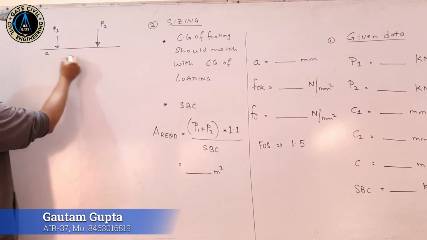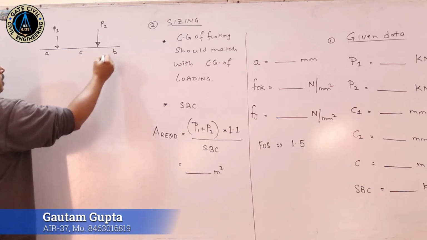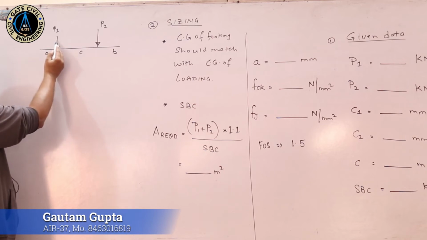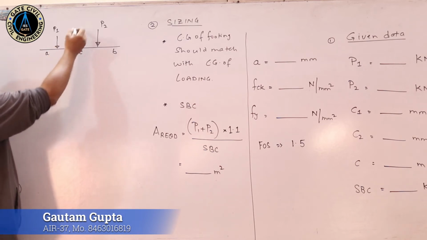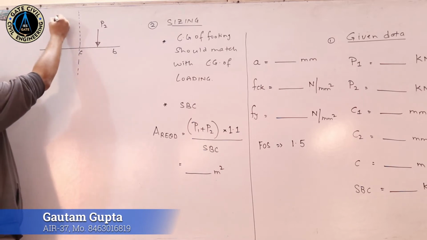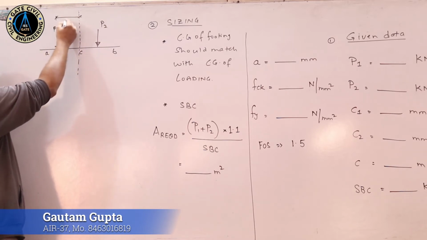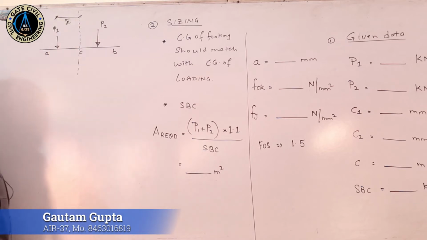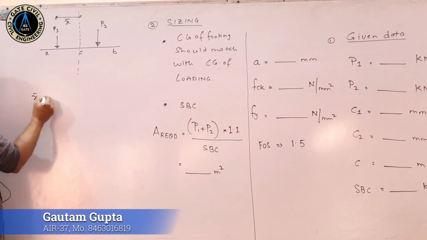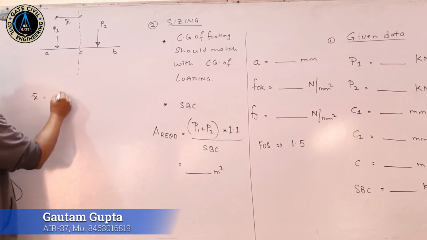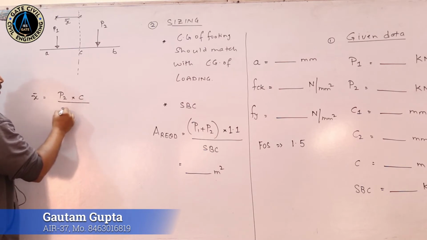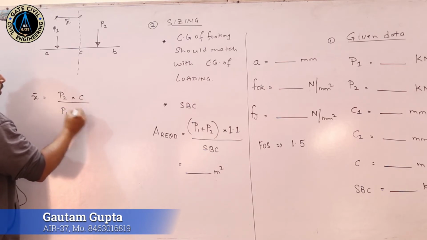This is distance A, this is distance C, this is distance B. From the column 1 center line, the load CG is represented at this location, that is at a distance of x bar. This x bar value is calculated as P2 into C upon P1 plus P2.